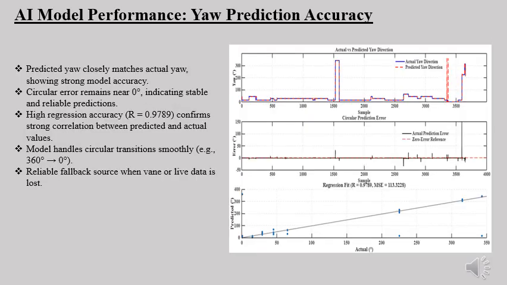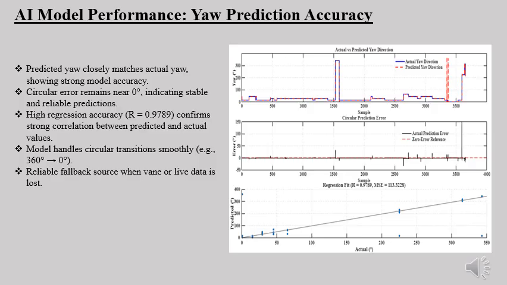This graph shows how the predicted values match the actual values. The predicted curve almost overlaps the actual values, showing a very close match. The circular prediction error stays within about plus minus 10 degrees, indicating a stable and consistent prediction.